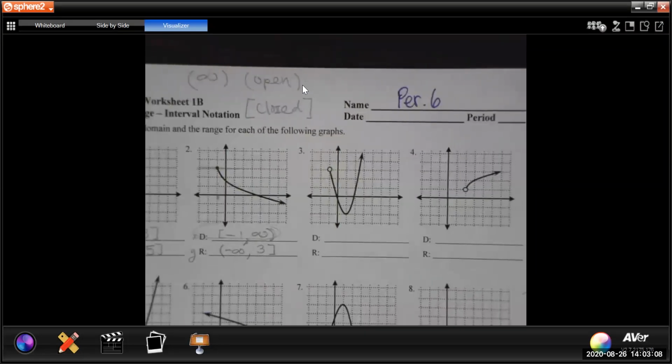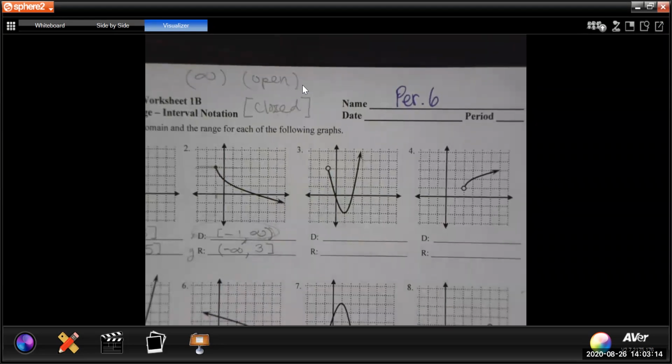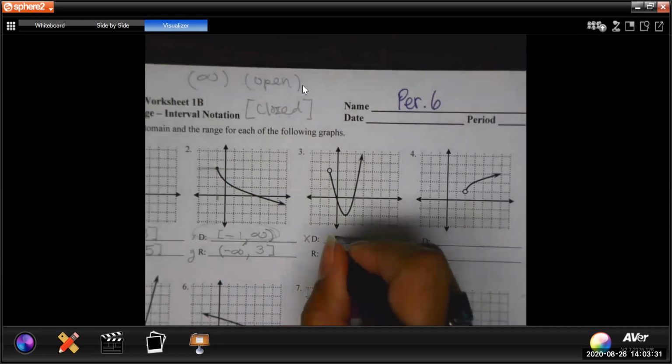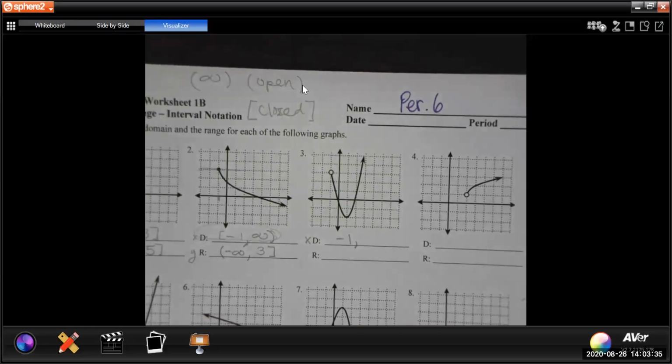Okay, next one. X values. Gavin, does it go left forever or does it have a start point? Start point. And what is the x value of that start point? Because I'm on the domain. -1. And then does it go right forever or does it have a stop point?